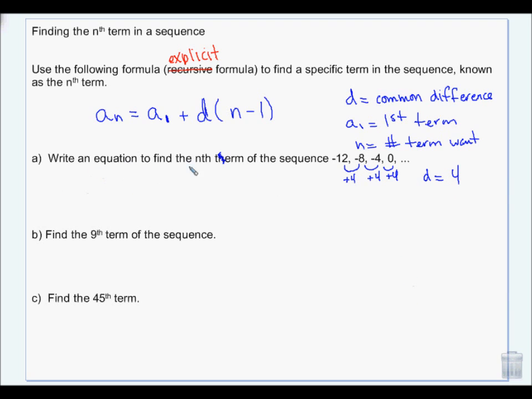My formula to find the nth term of this particular sequence is a sub n equals the first term, negative 12, plus 4 times n minus 1.